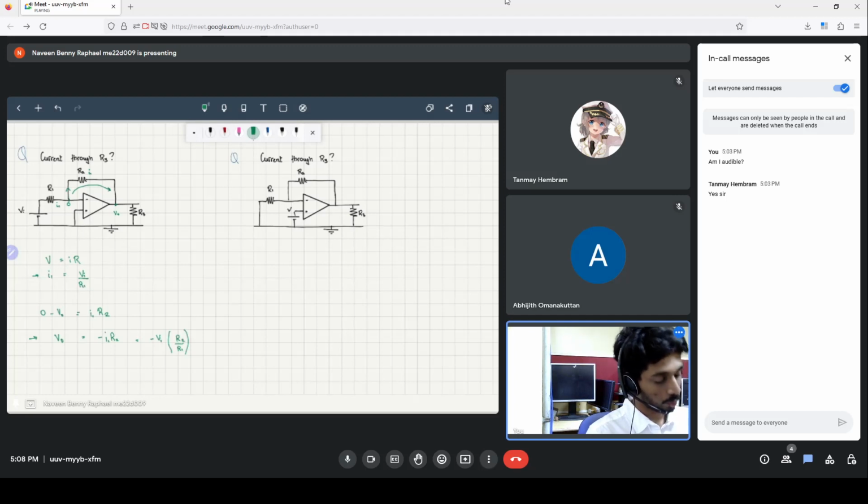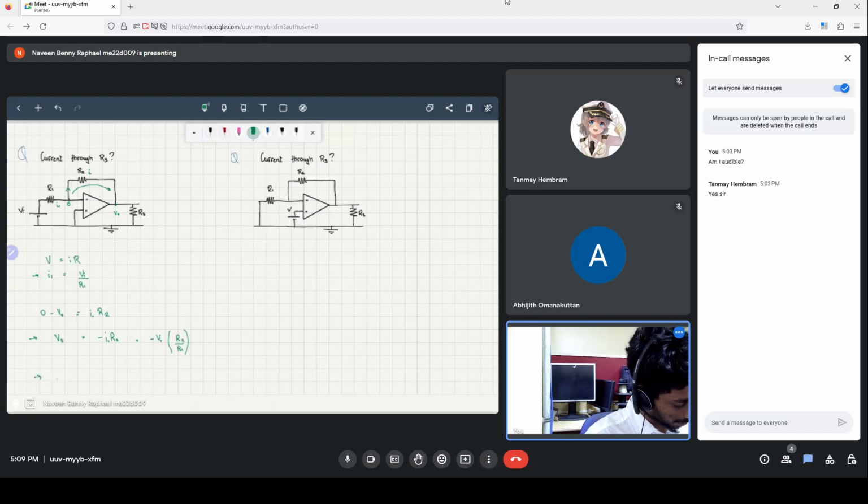Now the operational amplifier is an active element. That means there can be a current from this output. Because there's a current from this output, we cannot say the current through R3 will just be I1. The current through R3 will depend on what the V0 is and the resistance of R3.